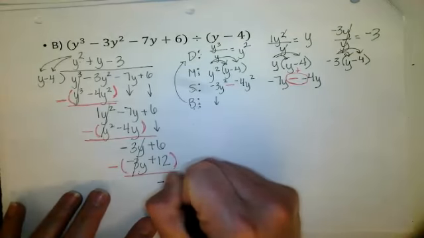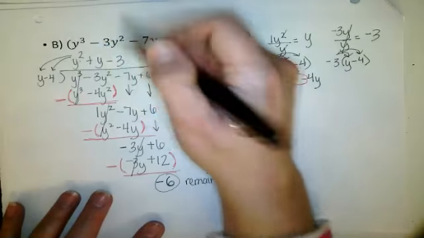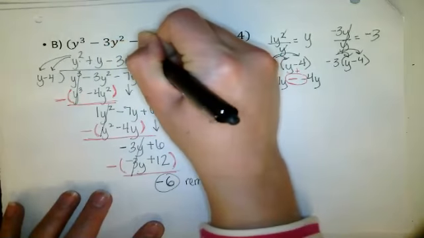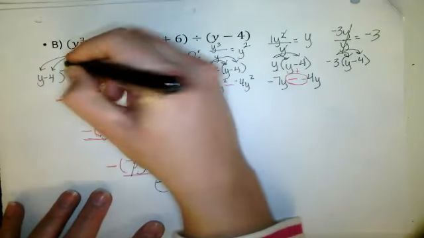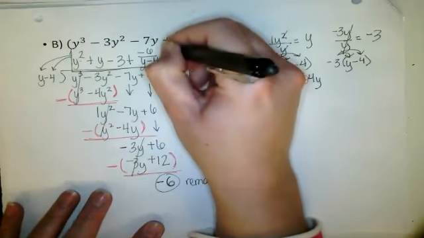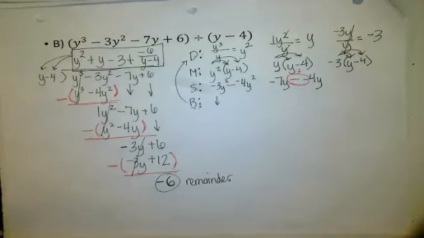And that is our remainder. And I'm going to write, here's my quotient plus my remainder, negative 6, over my divisor. Y squared plus y minus 3 plus negative 6 over y minus 4. It's a long process.